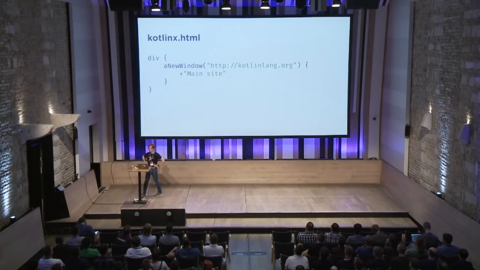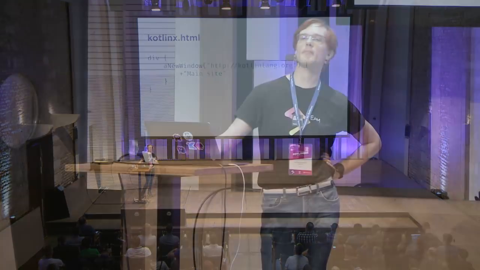One other huge advantage, which I'm going to show in my demo a bit later, is that this is a multi-platform library. This presentation is about multi-platform projects, and kotlinx.html is a multi-platform library. So it allows you to use the same code for rendering parts of your application UI on the client and on the server, the so-called isomorphic rendering.